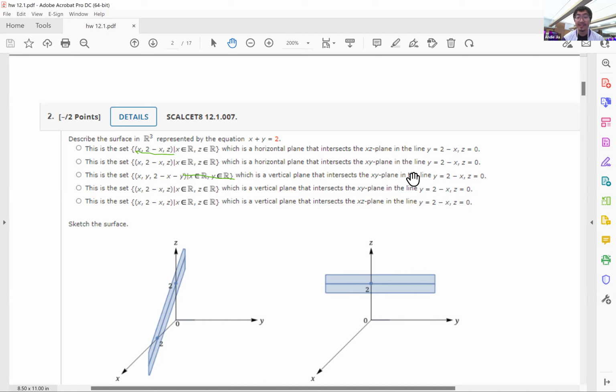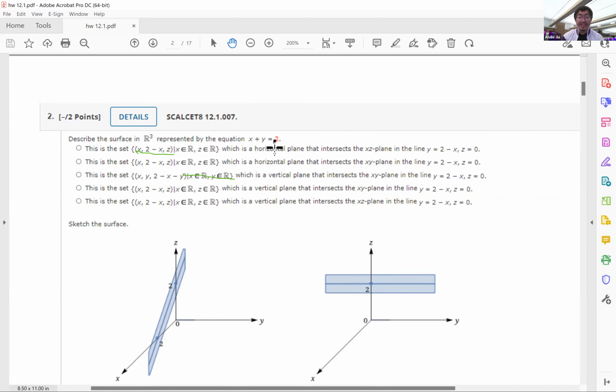We first eliminate the third choice, so it's only x, y, and z. If x plus y equals 2, then y is 2 minus x. They're all correct here, and the third one is out.